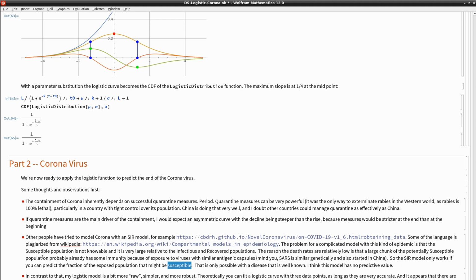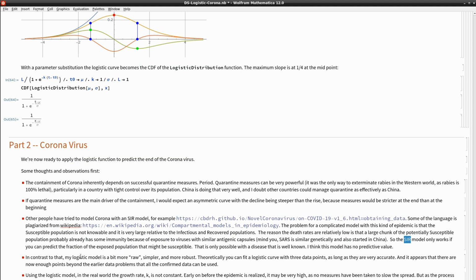And again, it will have huge error to model the susceptible population, because a large proportion of the population most likely already has some immunity to similar antigenic capsules. It's important to realize that, because some immunity towards SARS is probably present in the Chinese population. So that's why I'm very skeptical about any SIR models.